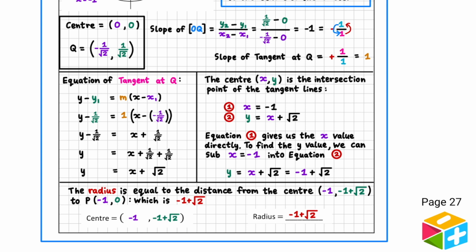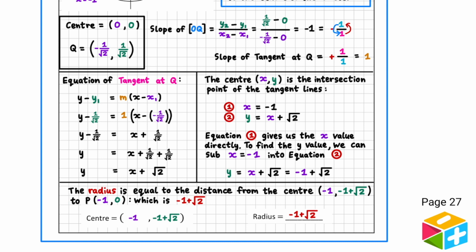We were also asked to find the radius, but thankfully this is quite straightforward. Since we're told that P is a point on our circle, the radius will be equal to the distance from the centre, -1, -1 plus root 2, to P, -1, 0.